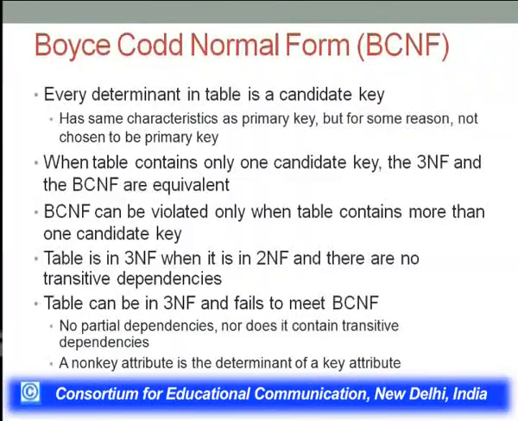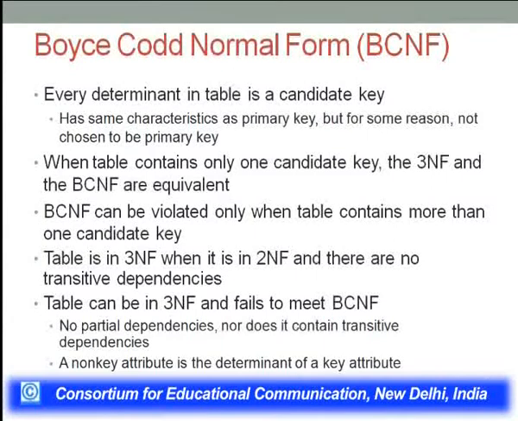Now, we need to see what the problem is which occurs when we have a candidate key other than the primary key in our relation. So, Boyce-Codd normal form can be violated only when a table contains more than one candidate key. A table is in the third normal form when it is in the second normal form and there are no transitive dependencies.